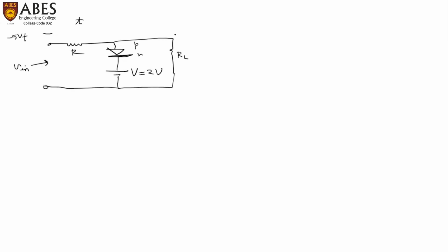V in is applied here and we are taking the output here. Now, to analyze how much the output will be, we have to assume some values of R and RL also, and just to neglect the condition, we have assumed that RL is much higher in comparison to R. Otherwise we have to calculate by RL upon R plus RL, using the simple resistive divider network rule.